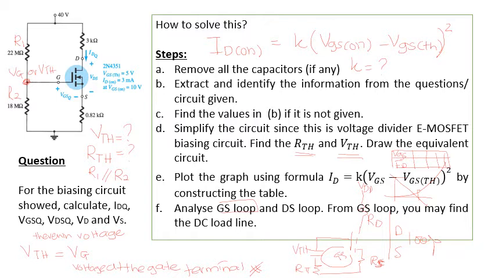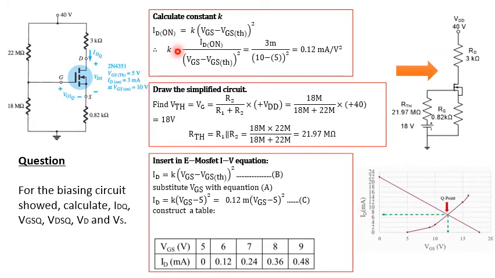Now, this is the way how to solve this circuit. At first we calculate the value of the K by using ID on equal to K (VGS on minus VGS TH) squared.